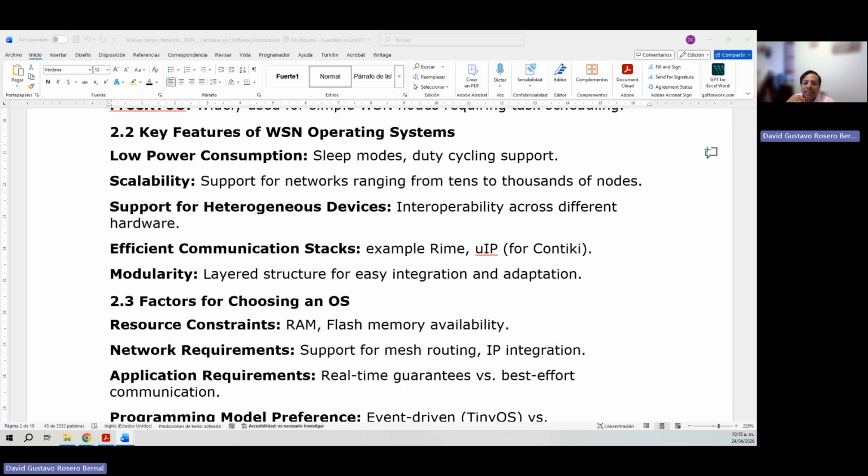Some operating systems allow over-the-air updates without physical access to nodes. And we need to include as well the modular software architecture, which is essential to minimize memory footprint and allow reconfigurability.